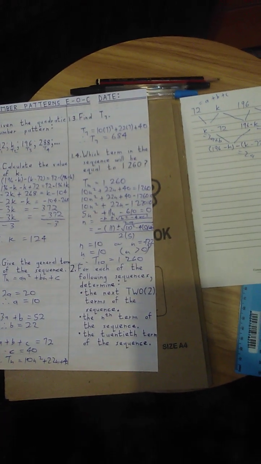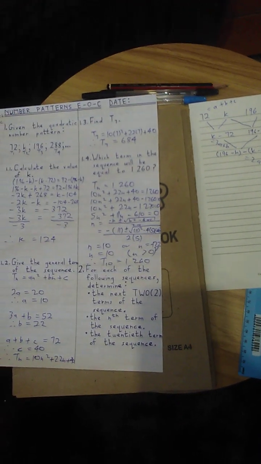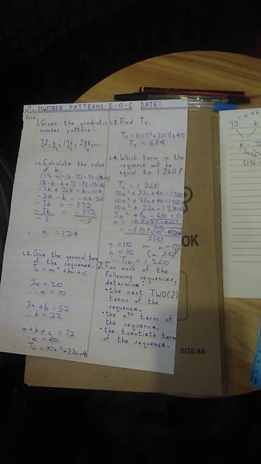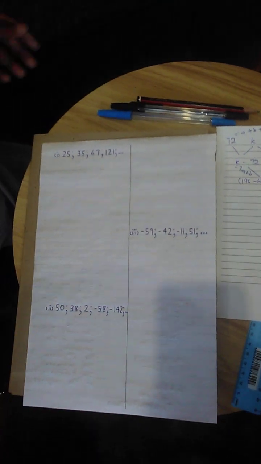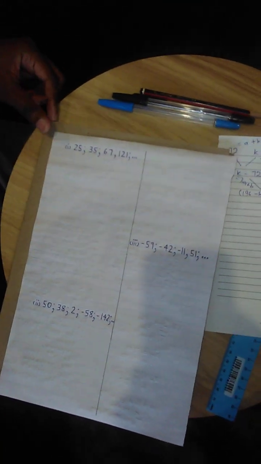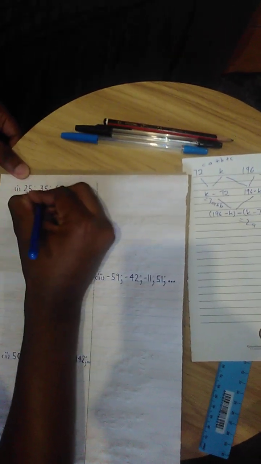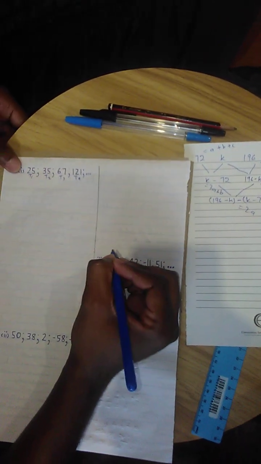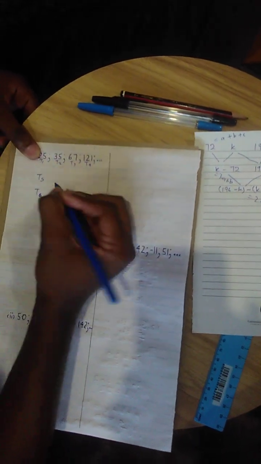Okay, number 2 states, for each of the following sequences, determine the next 2 terms of the sequence, the nth term of the sequence, as well as the 20th term of the sequence. So the next 2 terms, this is interesting. So first we label them T1, T2, T3, T4. So we're going to need T5 as well as T6.